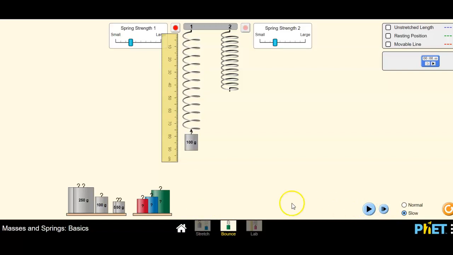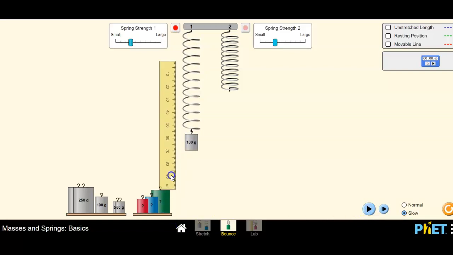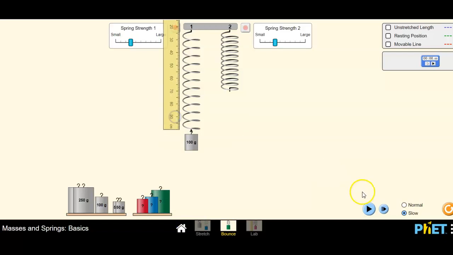There's our maximum stretch right here at the bottom. And there's my maximum displacement, my maximum squish, compression. My equilibrium position will be right in the middle of that.